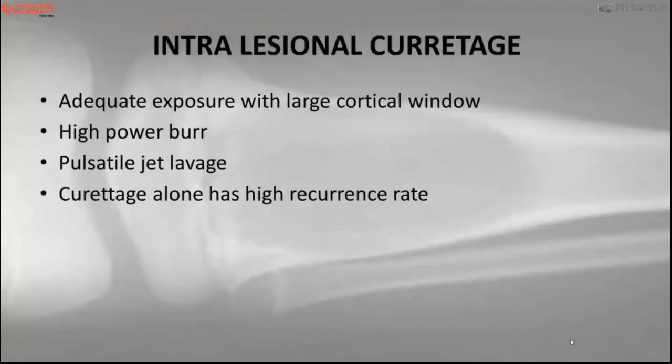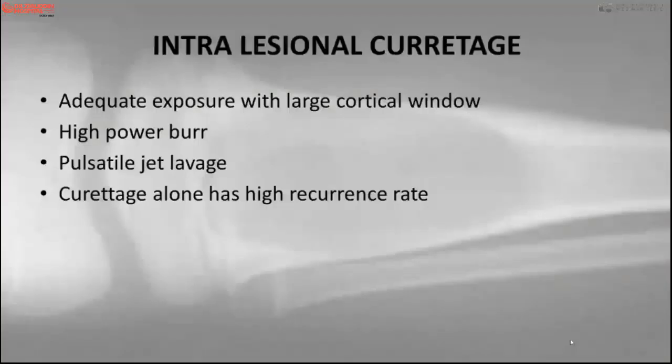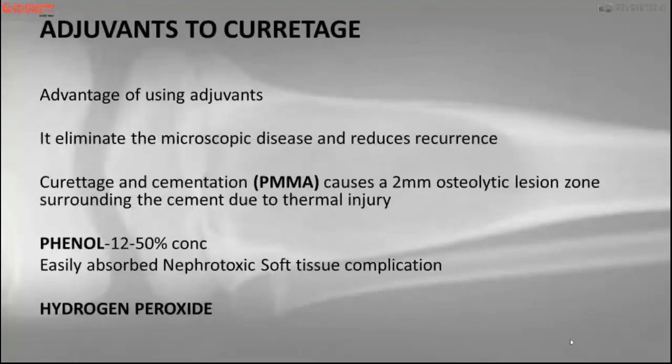Intralesional curettage: exposure with a large cortical window. It can be done with high-speed burrs and pulsatile lavage, and curettage alone has a high recurrence rate. The advantage of using adjuvants is that they eliminate the microscopic disease.